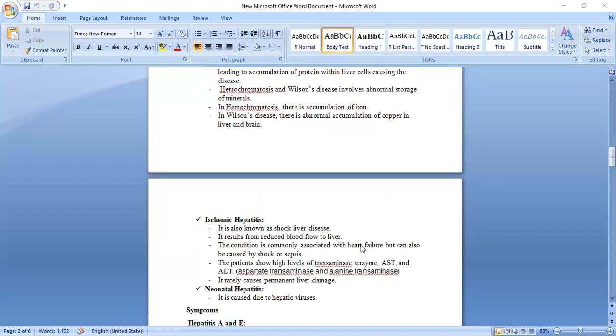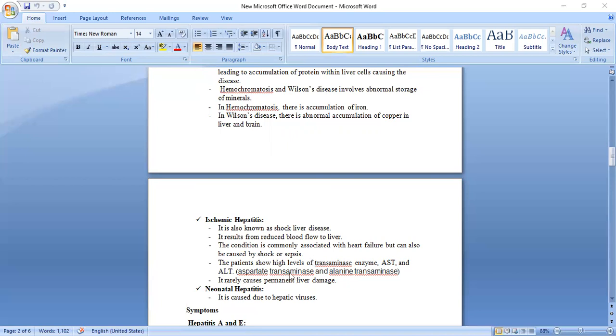One disease may be related to another. If you do not treat it, it will become progressive and cause another disease, another damage of the organ, isn't it? Heart failure is one of the reasons, but it can also be caused by shock and sepsis.